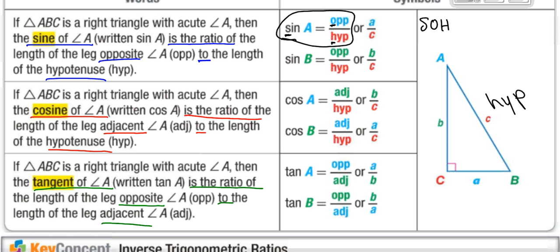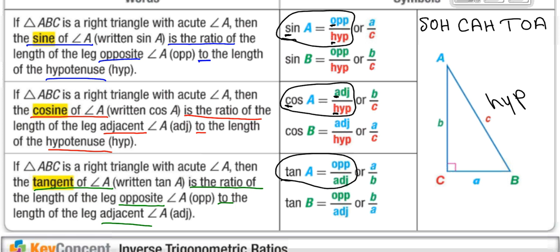And so that's SOH. CAH is C-A-H, and if you would circle this little piece, that's the cosine of the angle is equal to the adjacent over hypotenuse. And then finally, TOA, T-O-A. Take a minute and circle one of these. That's the tangent of the angle is equal to the opposite over the adjacent.